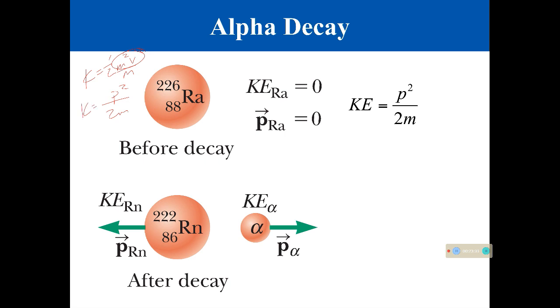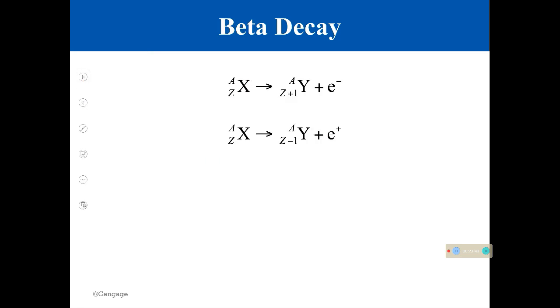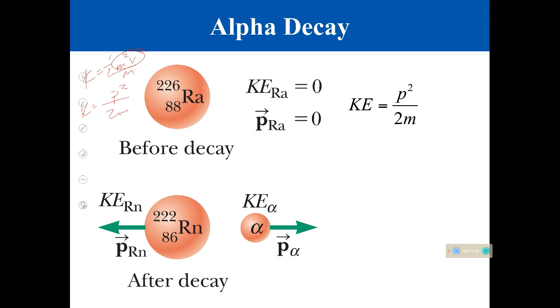Instead of going all the way to velocity and then all the way back, this just gives you an equation. So if you already have momentum, you'll be all set. You're going to have to do some calculations there that you already know how to do, so I'm not going to spend a lot of time on it.